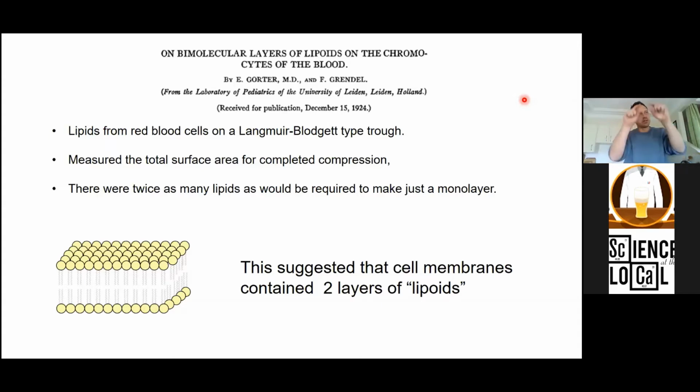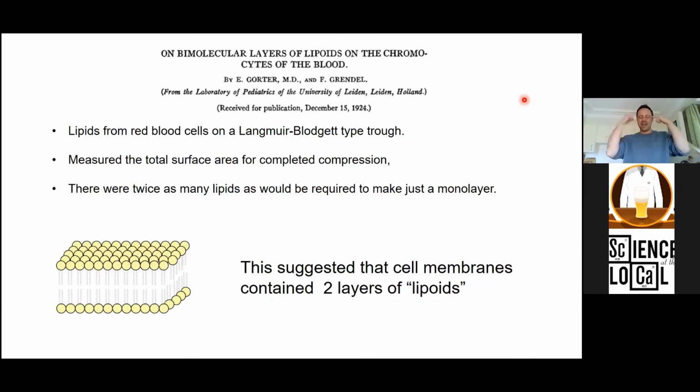And so they went back and thought, okay, we've got the cell membrane components from a red blood cell. We've separated them out. We've put them on top of our layer. We've squashed them. Now, if it was just one lipid molecule, then we should have this many lipids in this surface area. But there were twice as many.